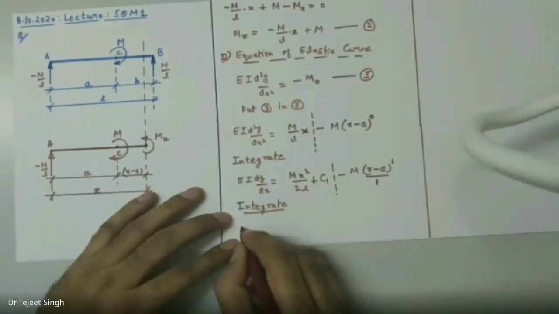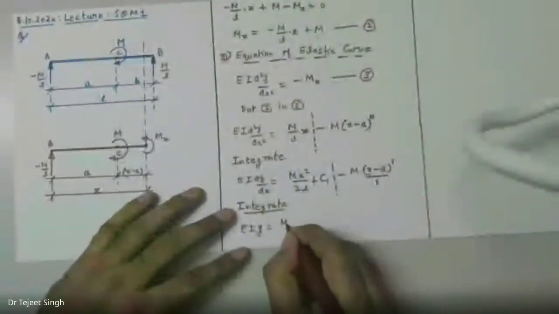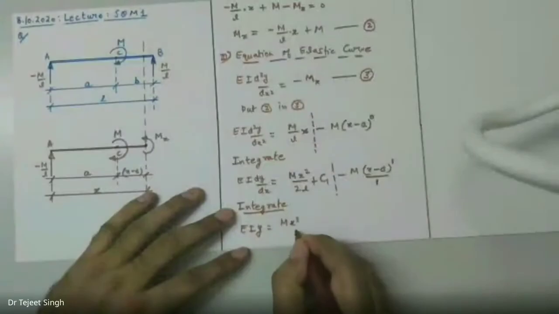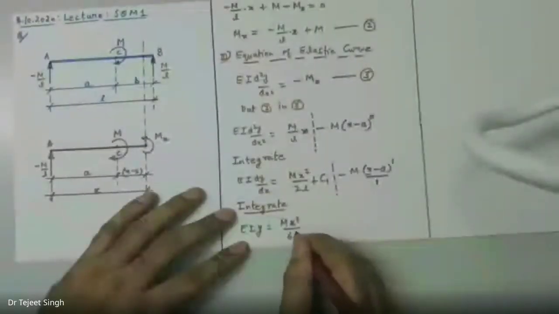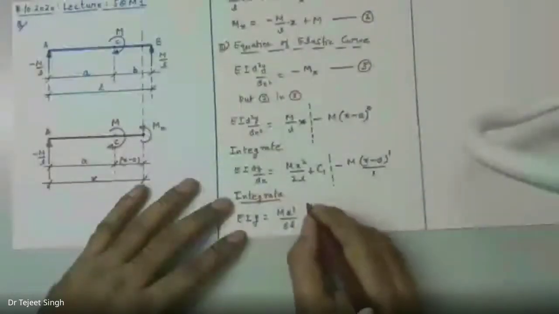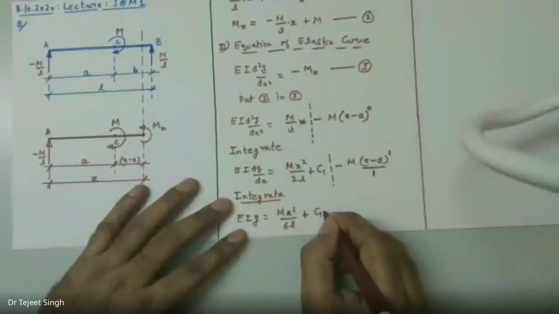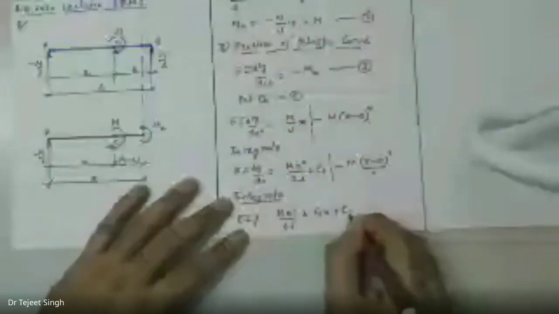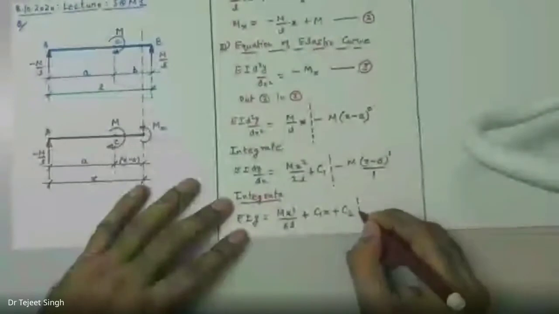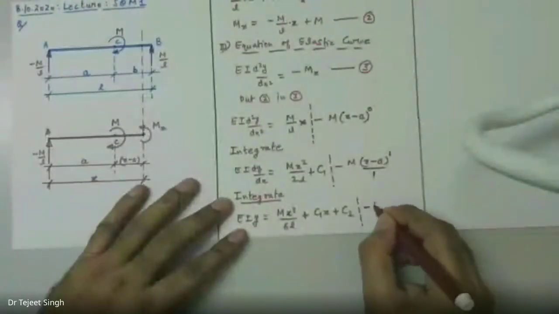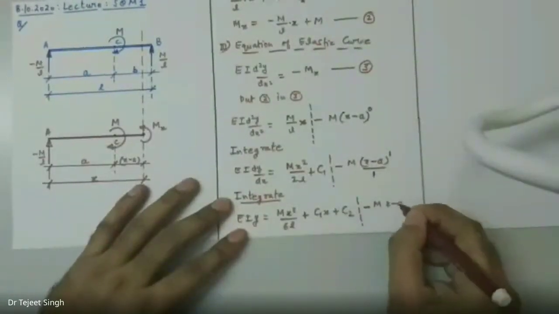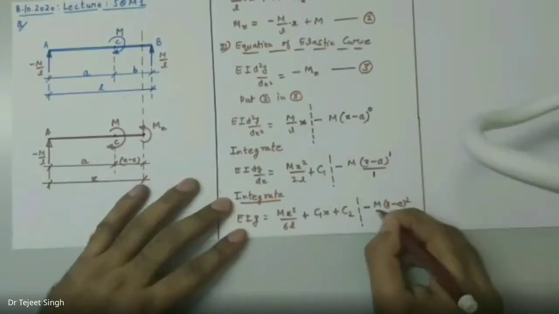If I do another integration, I get EIy on this side equal to Mx cubed upon 6L plus C1x plus C2, then minus M(x minus a) squared divided by 2.